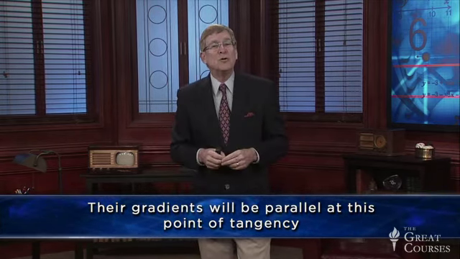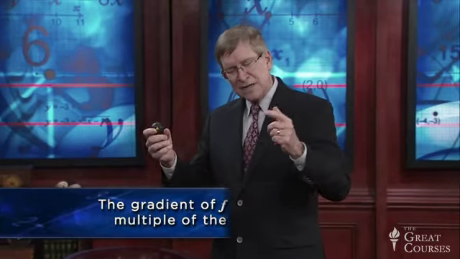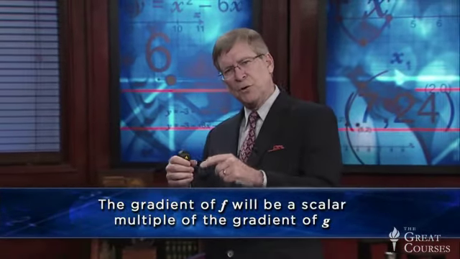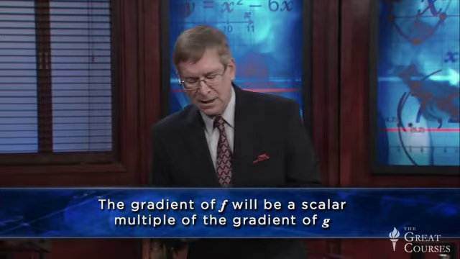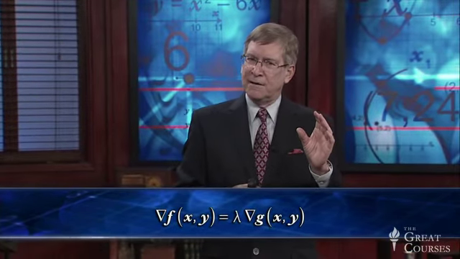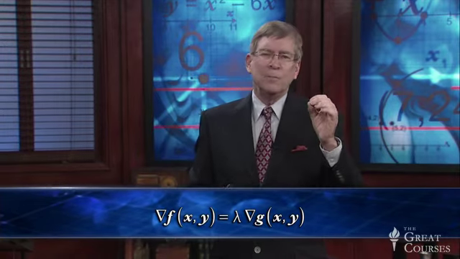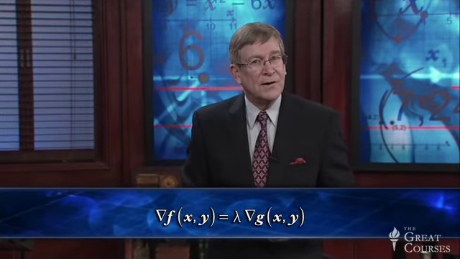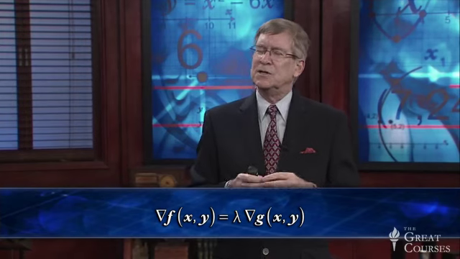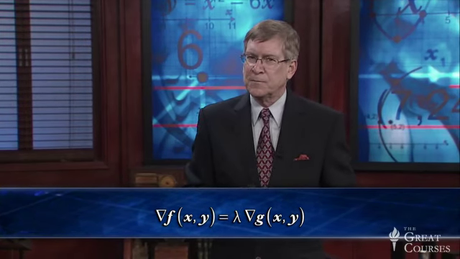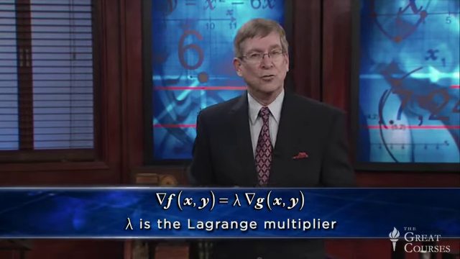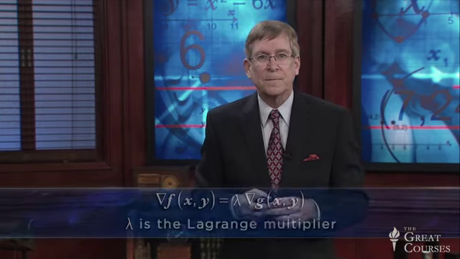They'll be multiples of each other. And that's the secret of Lagrange multipliers. The gradient of f will be a multiple of the gradient of g. So we write it as gradient f of (x, y) is a multiple, and the symbol they use is the Greek letter lambda, lambda times the gradient of g. Lambda is called the Lagrange multiplier.